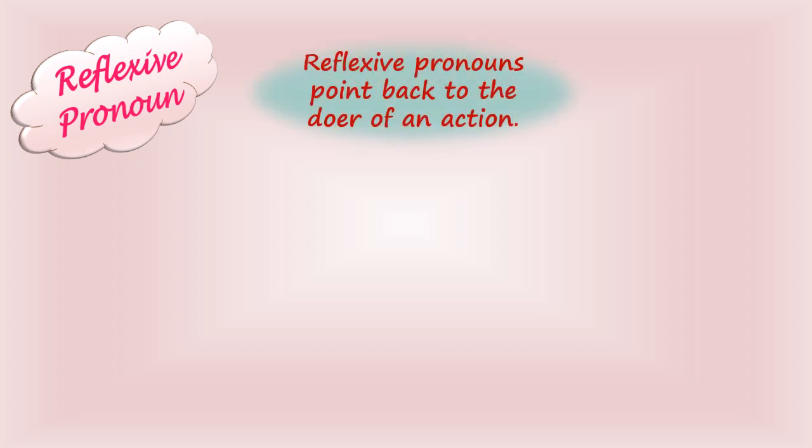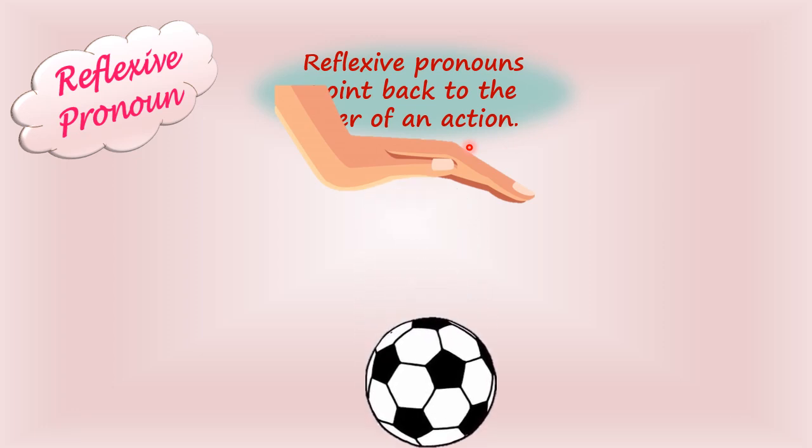Now see here. Reflexive pronouns point back to the doer of an action. To make this clear, let's take one example, children. What is this? This is a hand and this is a ball.